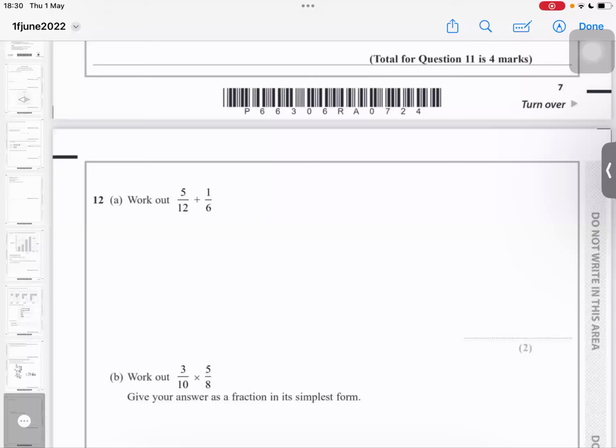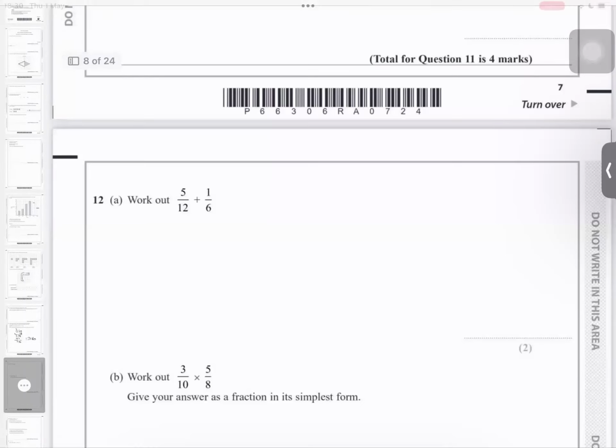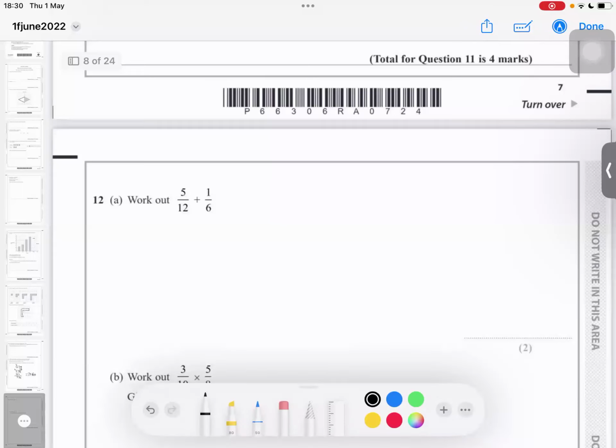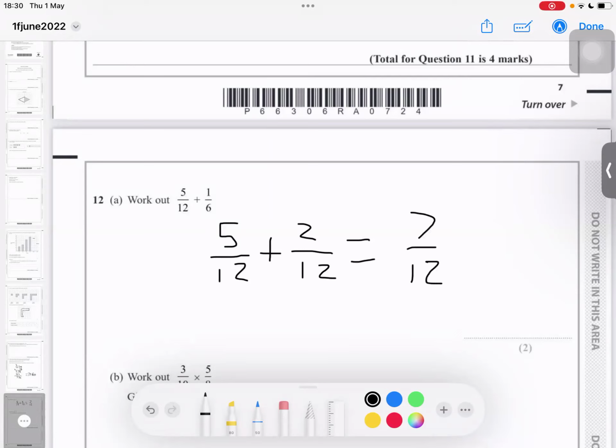Okay, are you annotating on the screen? Okay, 5/12 plus 1/6. Okay, oh, that's nice. That's fine, I like this method.